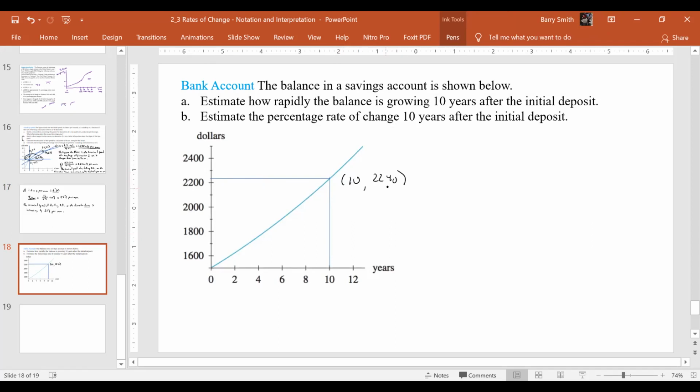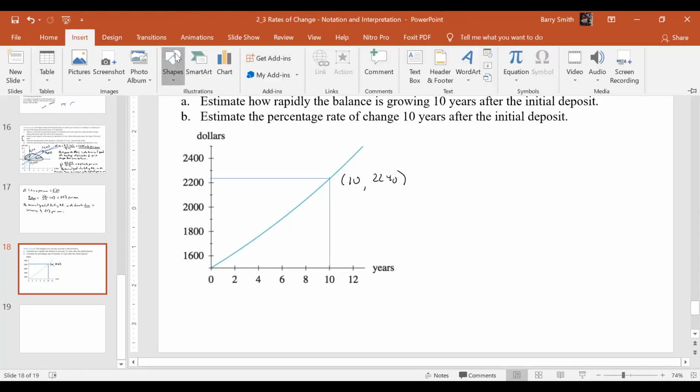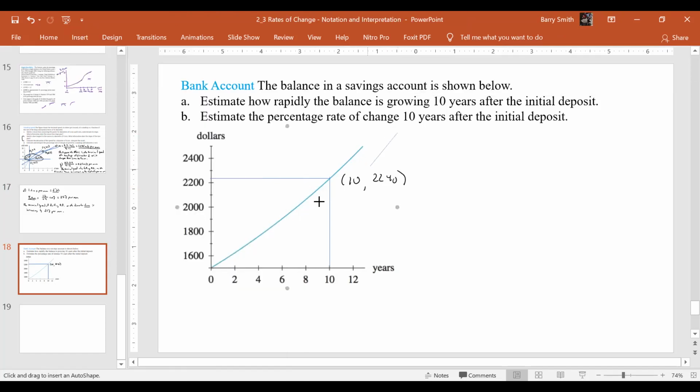We're going with 2240. And then what we need to do is draw a tangent at that point. So we need to draw our line. And so maybe that looks close. I don't know. And so if we go up a little bit more, that might be about as good as we're going to get. So we have that point.